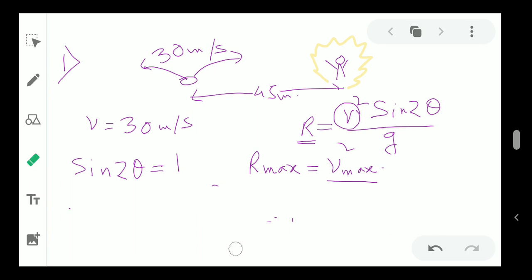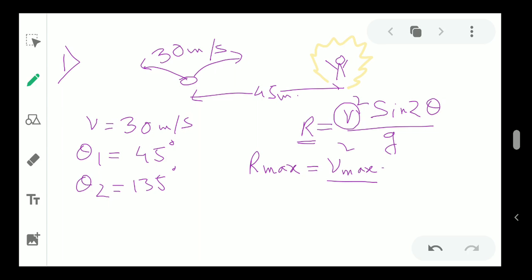So I have gotten two angles: 45 degrees, for which the range can be maximum, and 135 degrees, for which again the range can be maximum. Sine 2 theta will be 1 for both of them. So ultimately I will get v max square by g as my range, and I know that this should be 45, so that the fragments reach there.